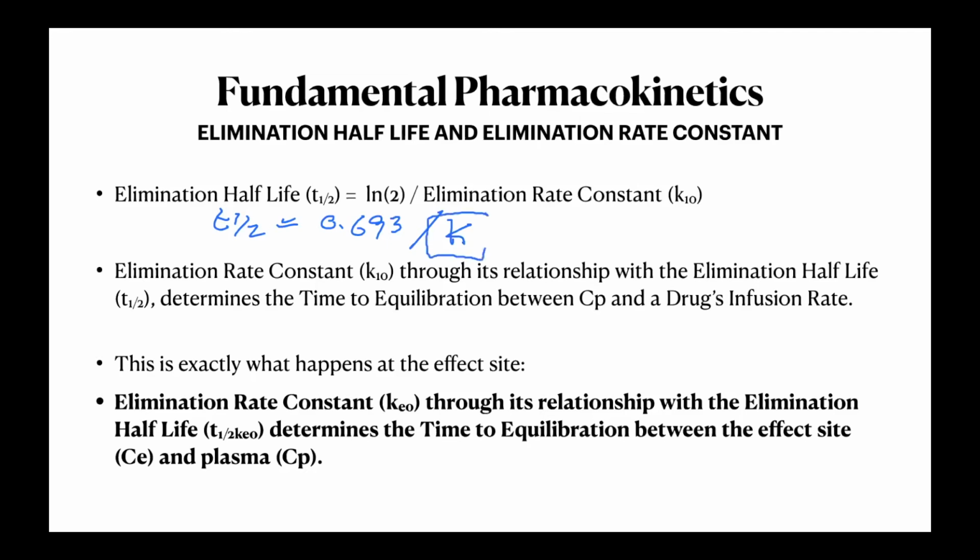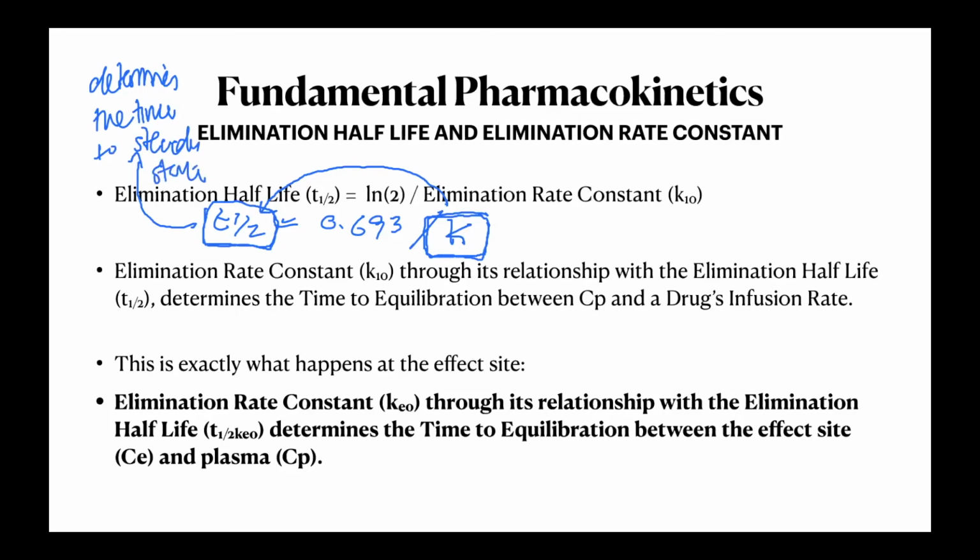Okay, so you can see that the elimination rate constant here affects what the elimination half-life is, and the elimination half-life determines the time to steady state, which is 3 to 5 half-lives.